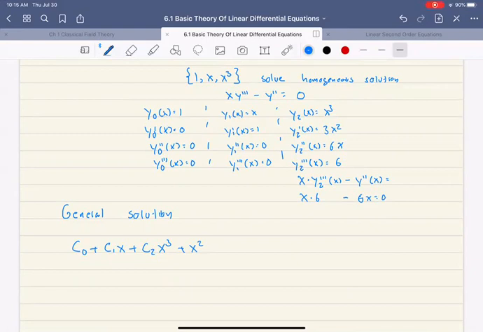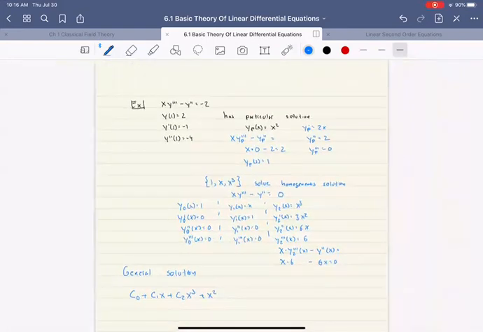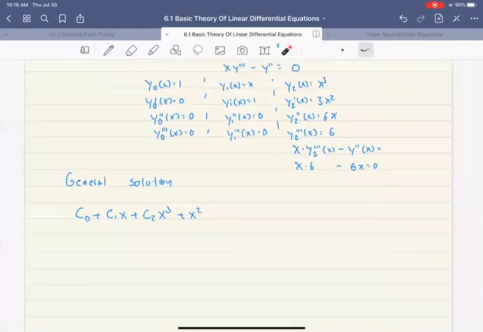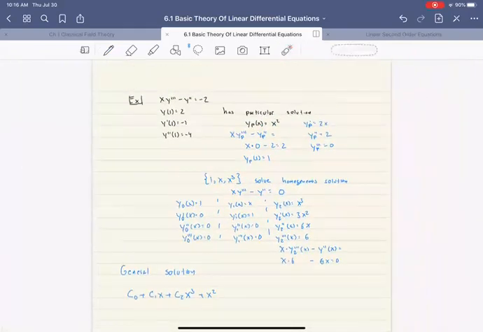Okay. Now we can use our initial conditions to find C0, C1, and C2. Let me copy those down.